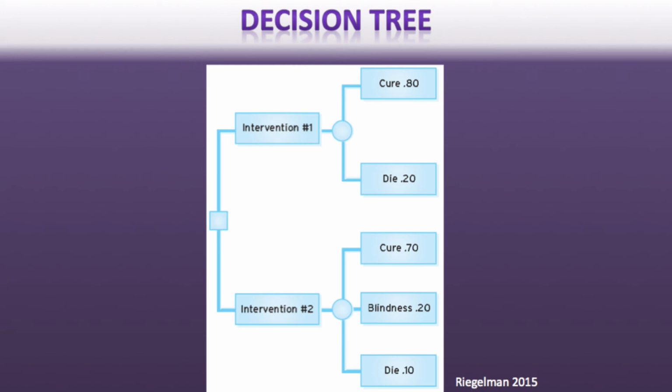So there's that range of possibility there. For intervention 2 or pill B, there's a 70% chance that you'd be cured, a 20% chance that you become blind, and a 10% chance that you die. Okay, so that's how you see the choice and chance nodes sort of interacting to show you how these different options are different.